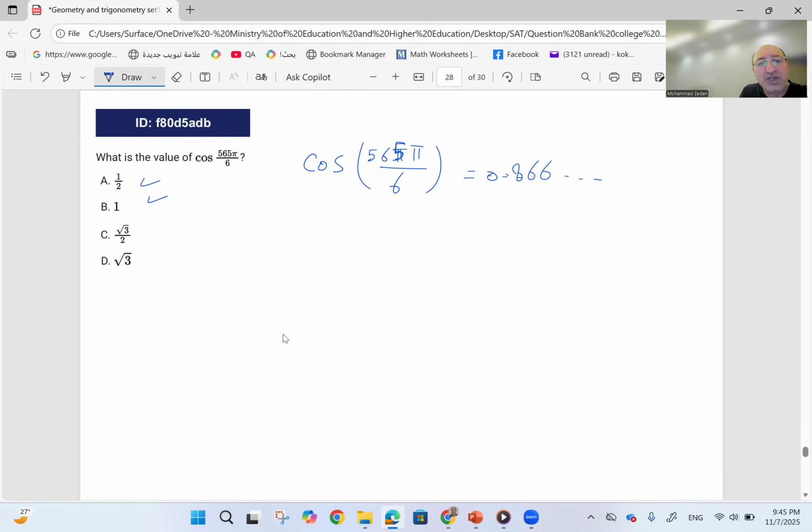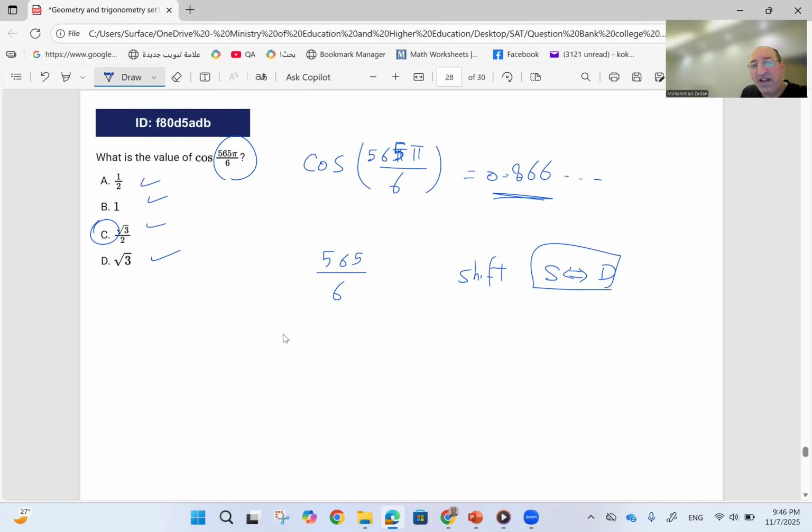You try which one of these options by calculator gives you the same decimal, and you will find that radical 3 over 2. Or you can write this number as a mixed number. Write 565 over 6 in the calculator, then press shift and the S to D button.